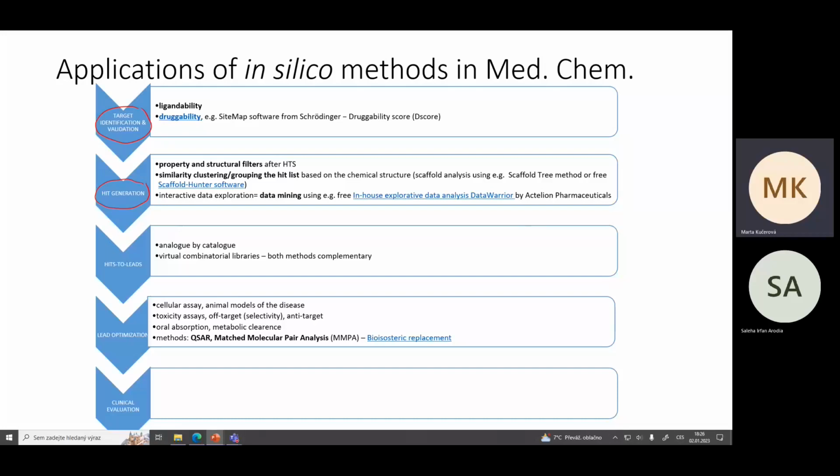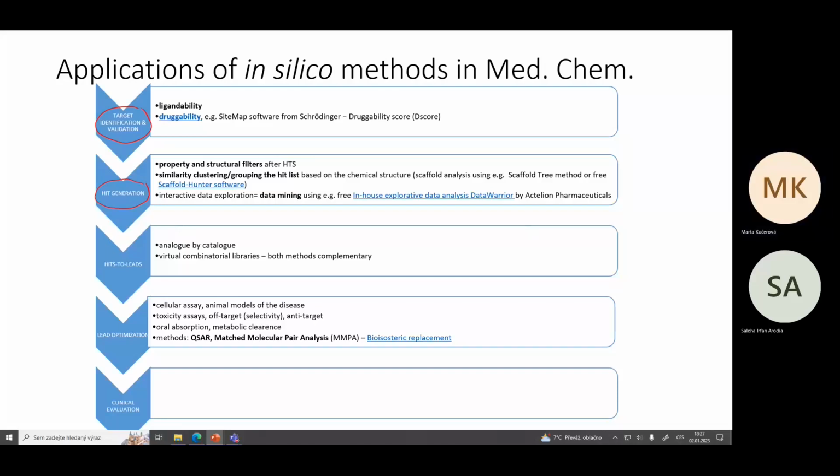We use also clustering methods. For example, the software Scaffold Hunter, you do not need to memorize the software, it's just for illustration, is able to cluster together groups that have some common structural features and group the compounds in a hit list.